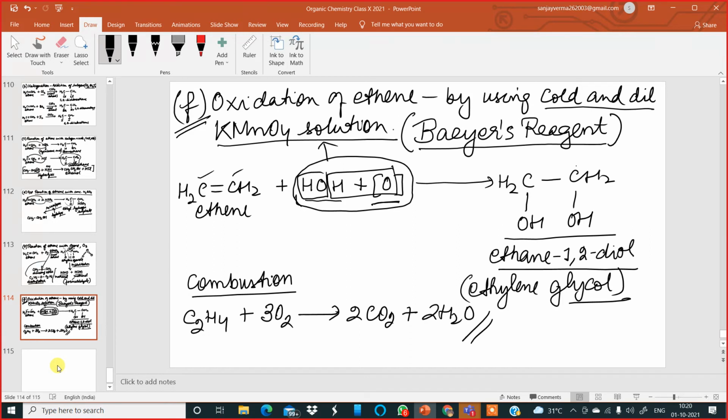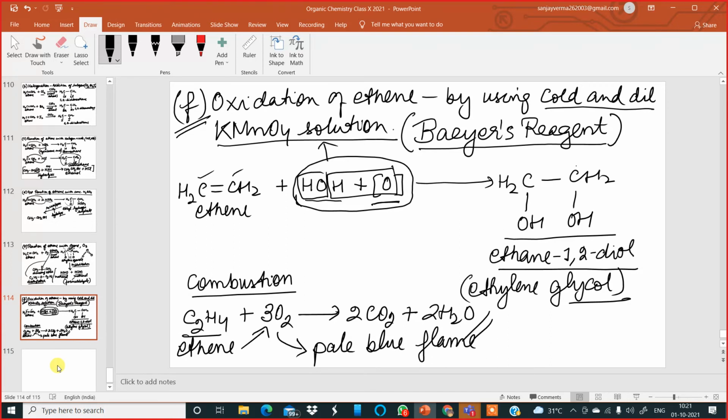exothermic reaction. But here the question has been asked, what is the color of the flame when ethene burns in oxygen? So the color of the flame is a pale blue flame.